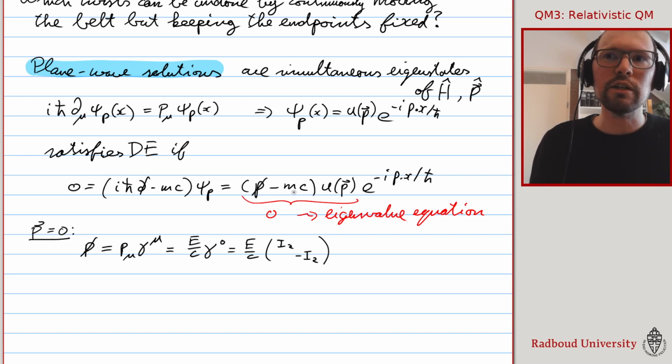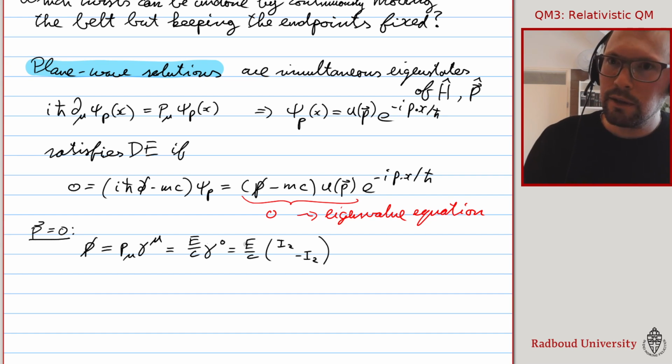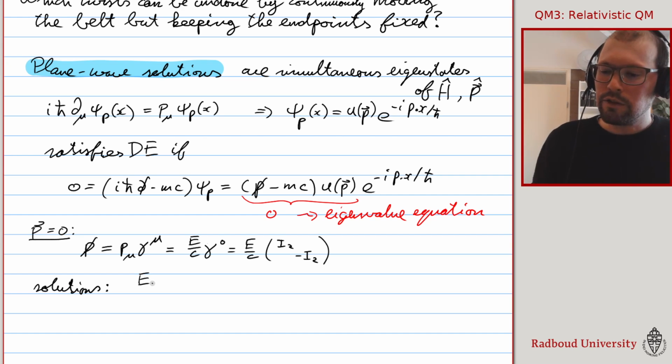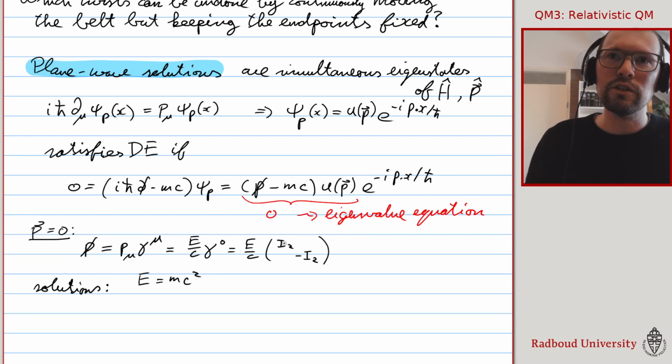So we can directly read off what the possible values for the energy are. So the solutions: either the energy is equal to mc squared, and then I can take u to have either the top or the second coordinate be non-zero.